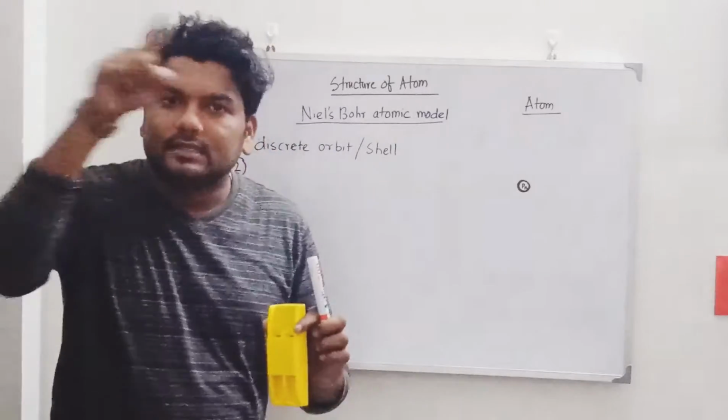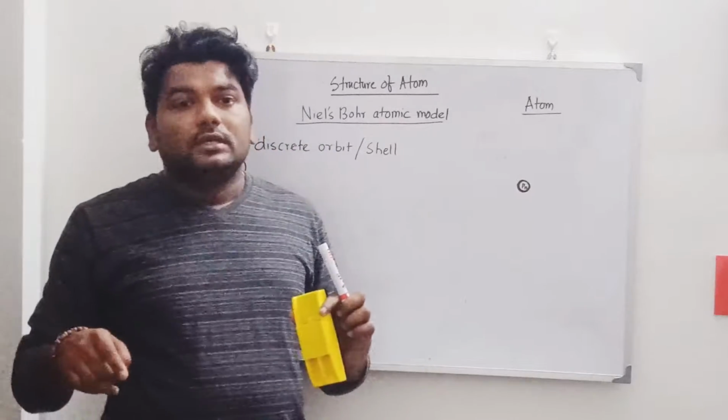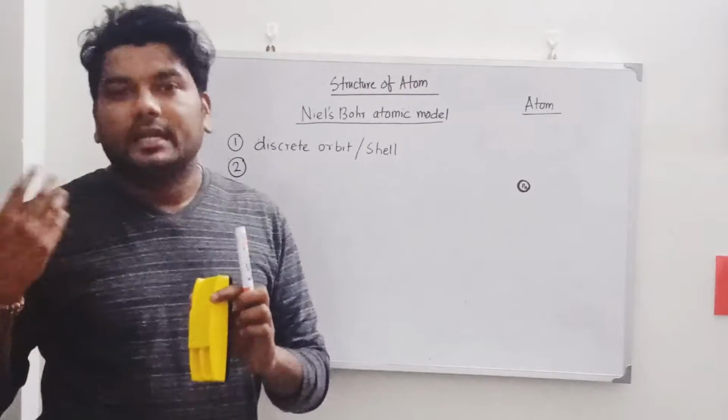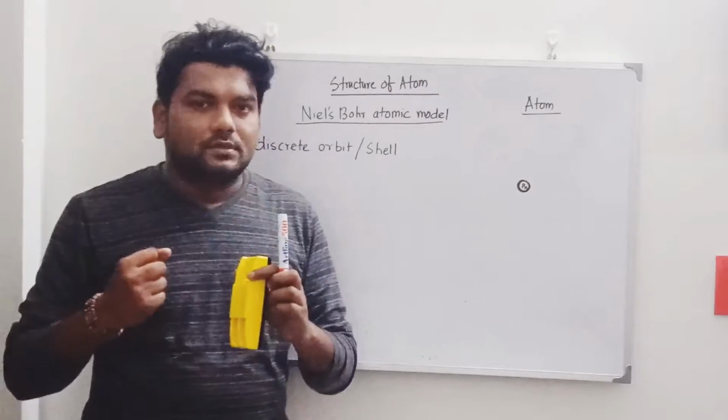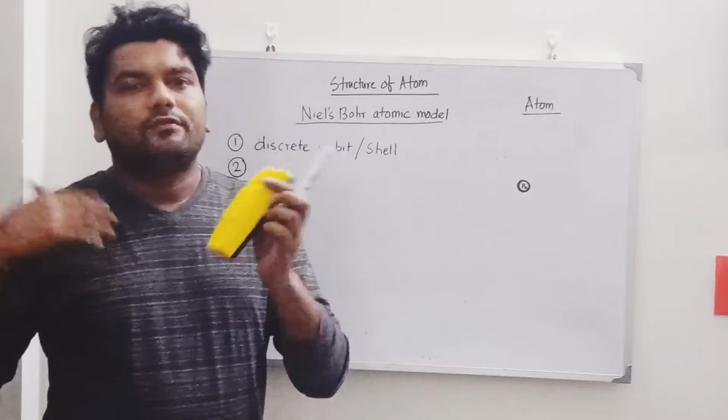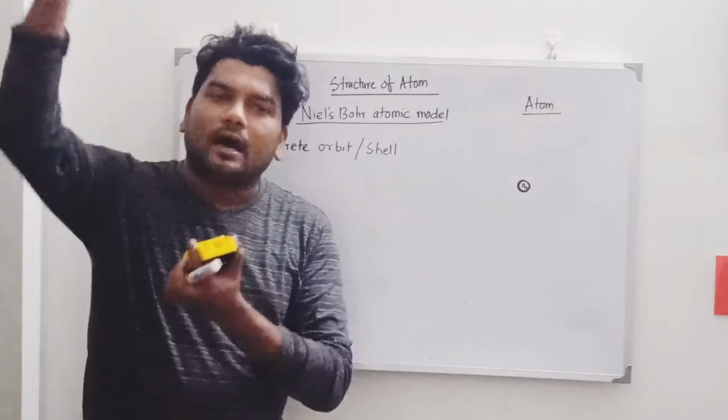The second postulate is that while revolving in the shell, which is a circular orbit, the electron neither emits nor accepts energy, though in the future it may accept energy and go to an upper or lower level.